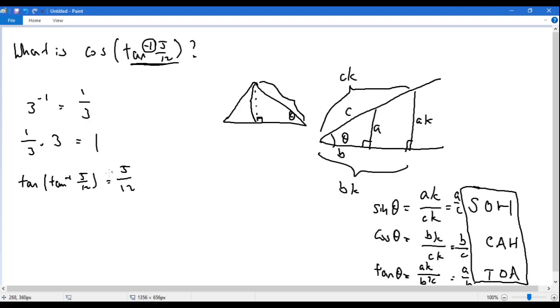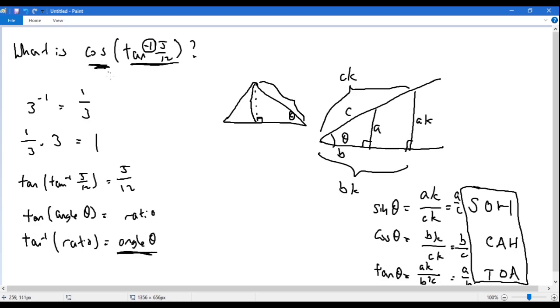Now in this case, notice that when you do tangent of an angle theta, you get a ratio, and if you do tangent inverse of the ratio, then you get an angle theta. So in essence, we're saying what is cosine of that angle that gets the 5/12 ratio.